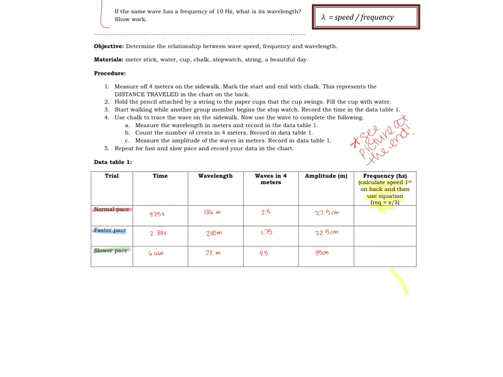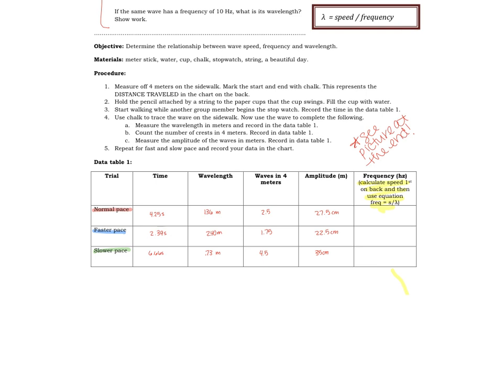If it is more frequent, does that mean the wavelength is longer or shorter? Shorter. Good. All right, so double check your data. Does that support it? Is your wavelength the shortest for the slow pace and the longest for your fast pace? Hopefully that's what your data showed, okay?